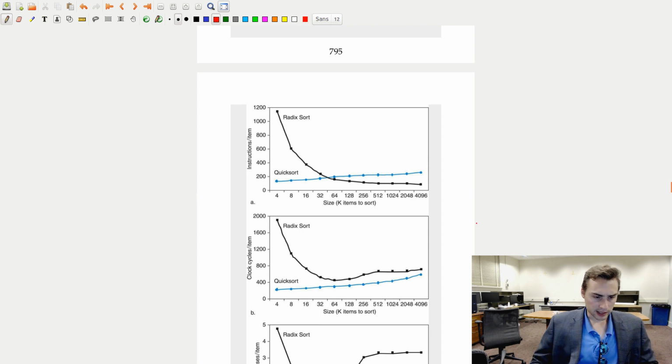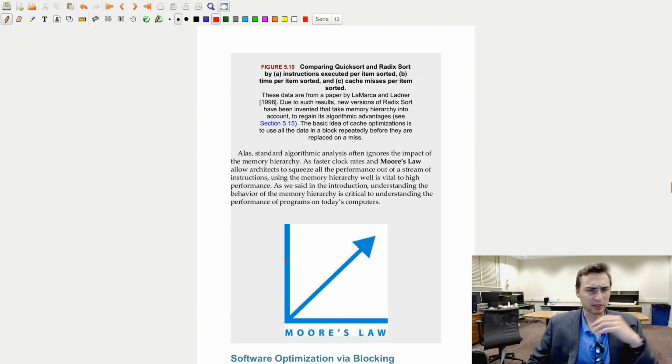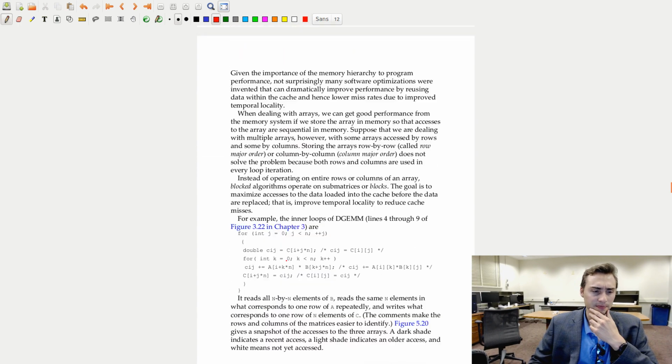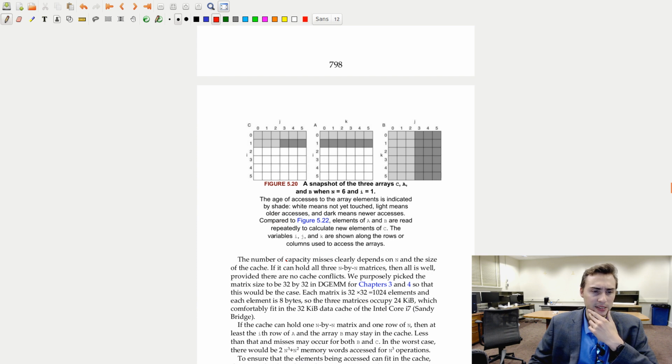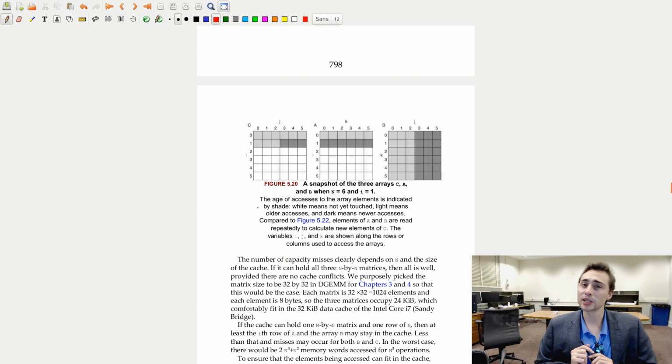Okay, so let's see. This is just comparing the number of instructions executed. And they're also talking about things like blocking. There are some clever tricks that we can do with blocking, which a lot of times is called tiling.